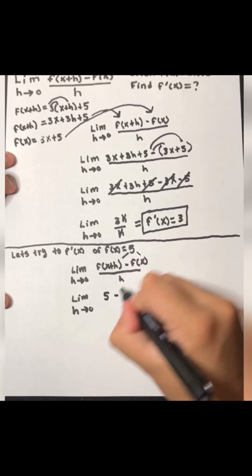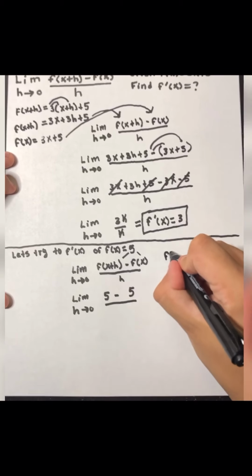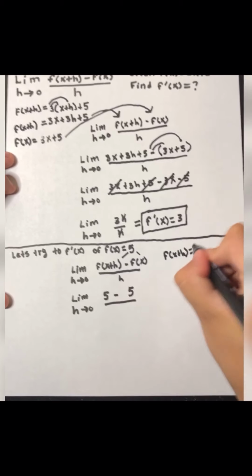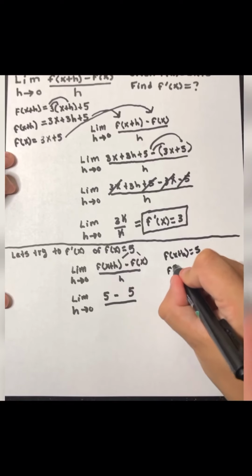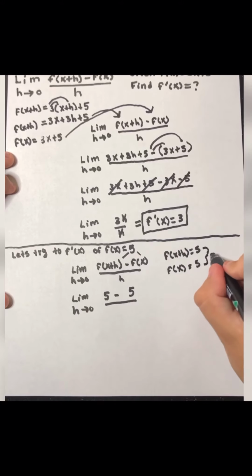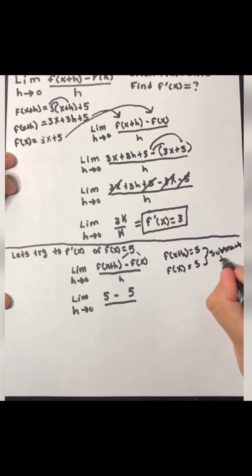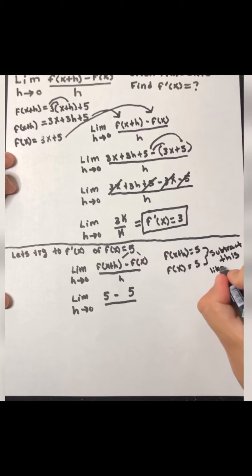So it's going to be 5 minus 5 all over h. Now we know that f of x plus h is equal to 5, and f of x is equal to 5. So we're going to subtract, like it's shown here.